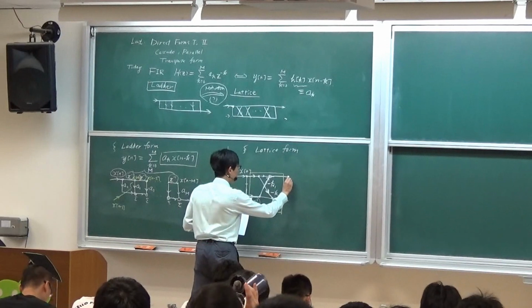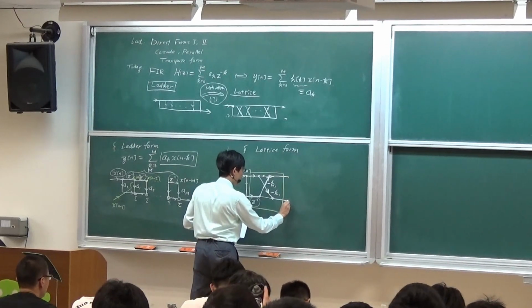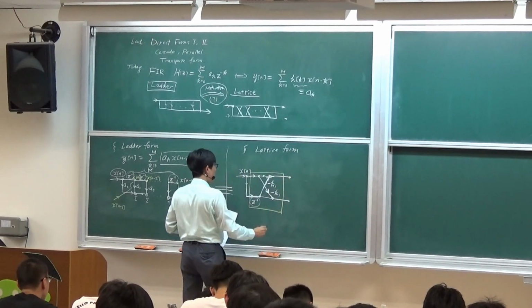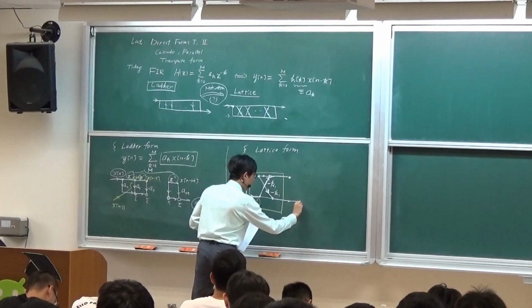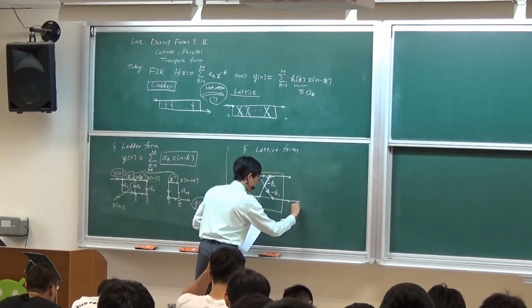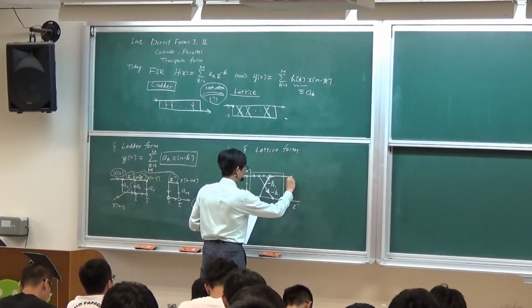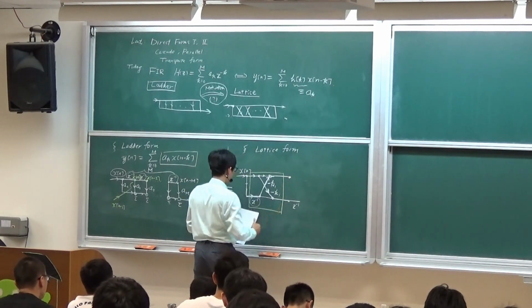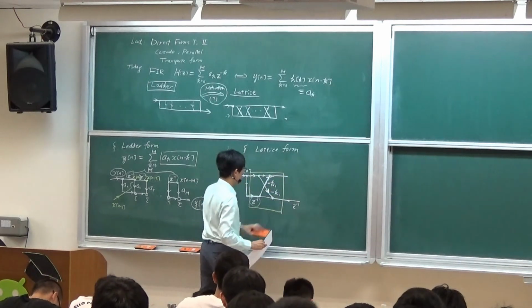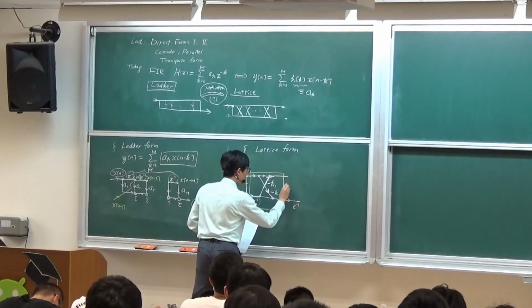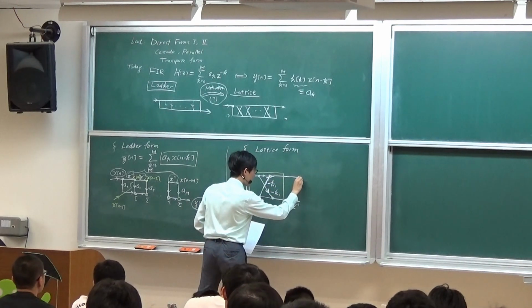Okay? So let me draw maybe one more block. If we are to repeat this structure one more time, again down here we have another one sample delay. And at the bottom we have crossing over.